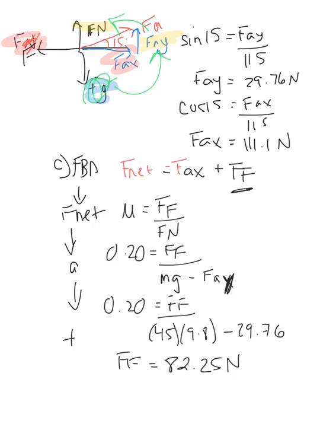I'm going to go to the next slide so I have more room for the next part. We have our friction force. We can now calculate our F net. F net is equal to our FAX and our friction force.